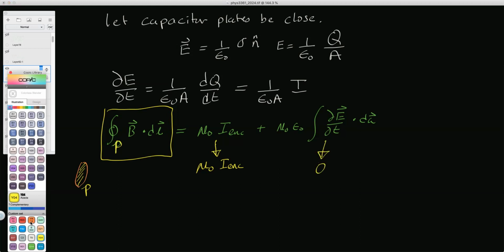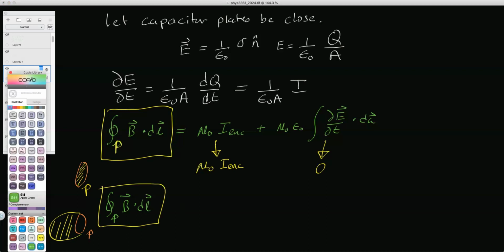But then when we have P and it's a sock, we have the integral of B dot dl, which is exactly the same as you get up here, right?